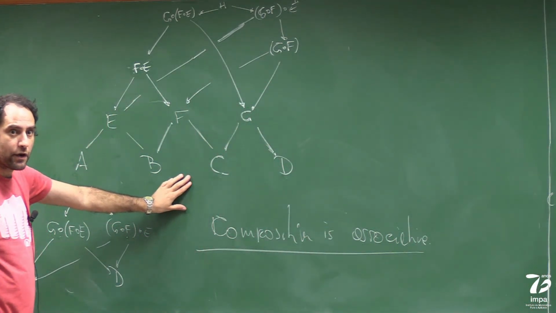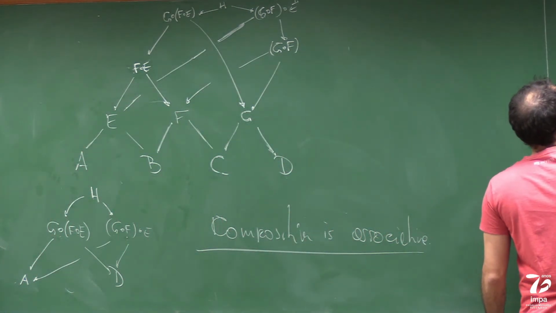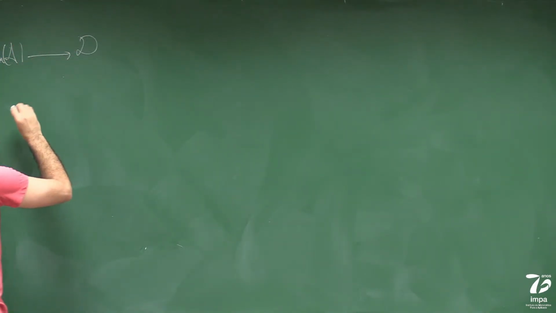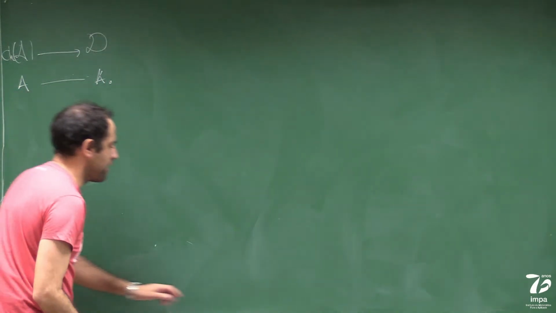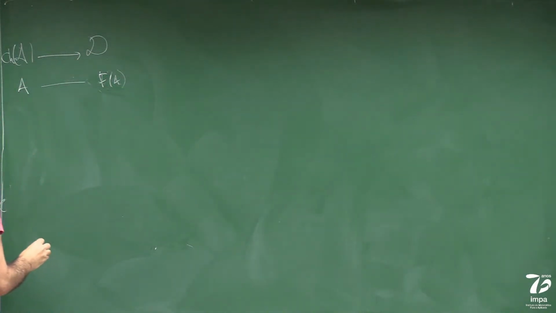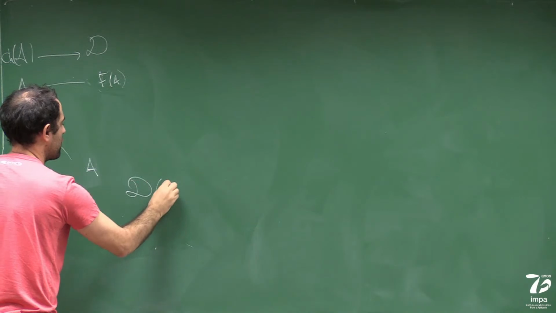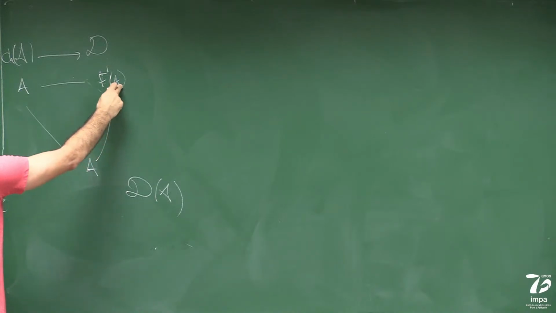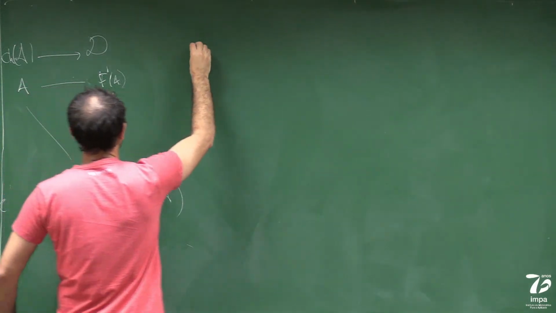So whenever I have any other category D with a functor from my original category of cochain complexes of A to D that sends a complex to F prime of A, then what we have is our A. This is now in the derived category of A. And we choose the functor from here to here to be that F prime. And that's the factoring that was in the original theorem.